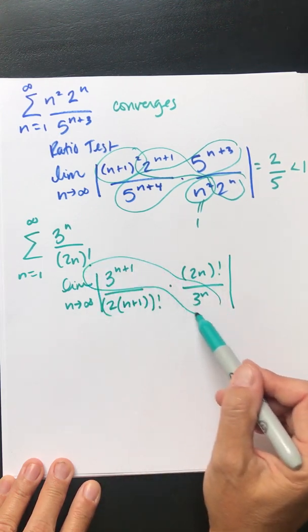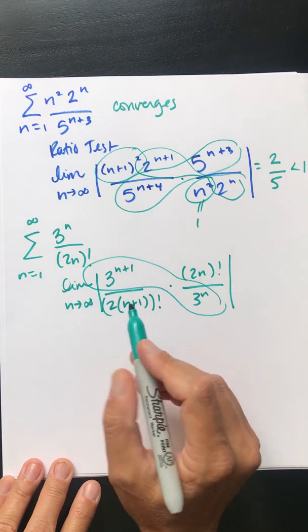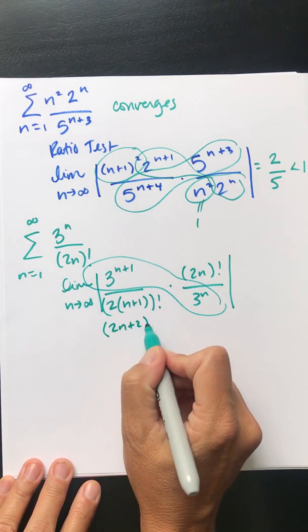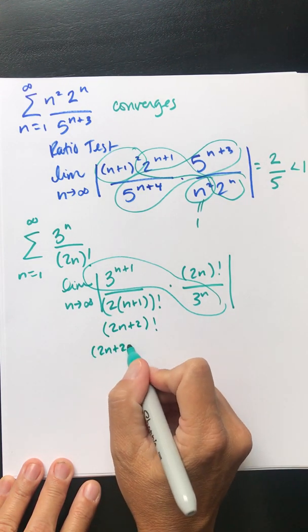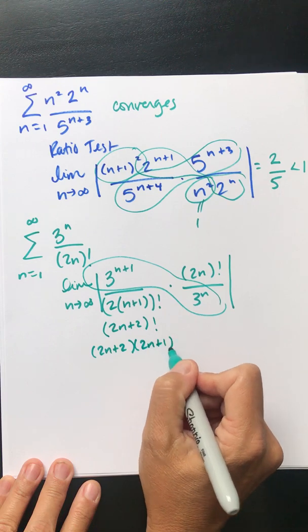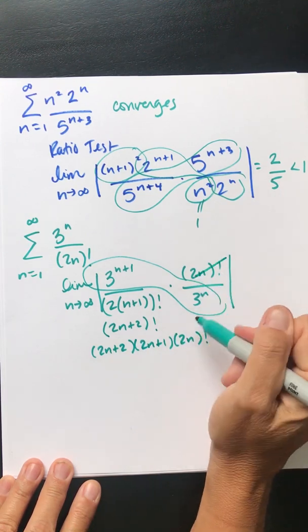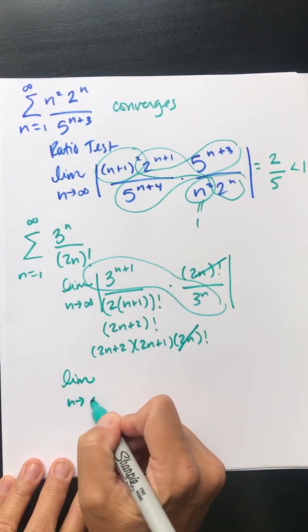We can see this is going to leave me an extra 3 on the top. But here, this 2 distributes. So I get 2n plus 2 factorial, which becomes 2n plus 2, 2n plus 1, times 2n factorial. So these cancel, and I get the limit as n approaches infinity.